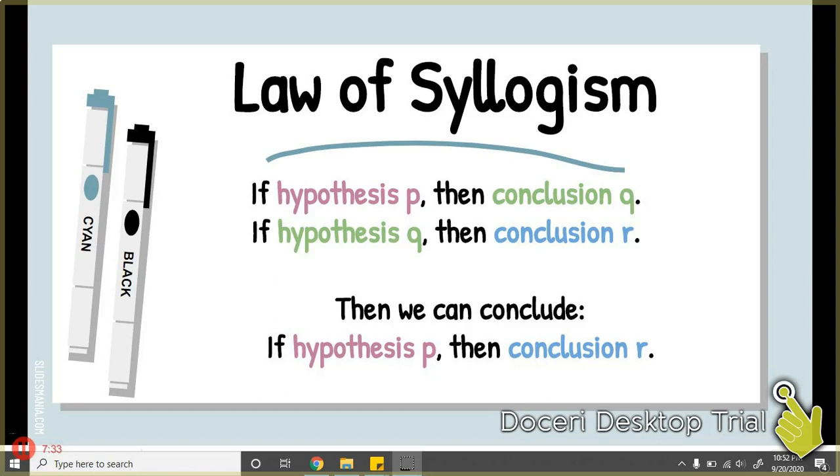If we have a hypothesis P, and it's if P, then Q, so I have a hypothesis P and a conclusion Q, and that is true. If I then make another statement that says if Q, then R.